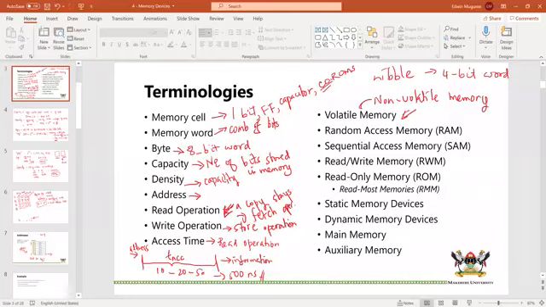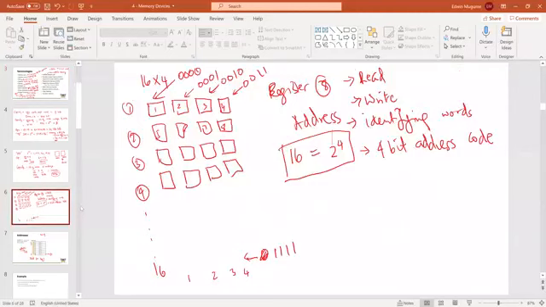Random access memory, or RAM, is a type of memory where the time to access any part of the memory is the same. If we go back to here, we can see how we have arranged our memory.